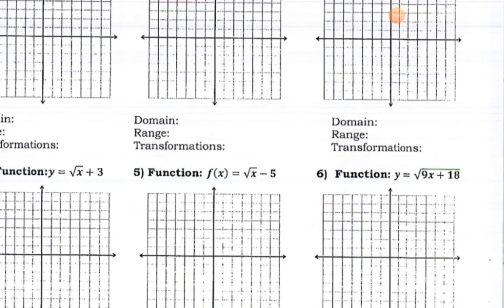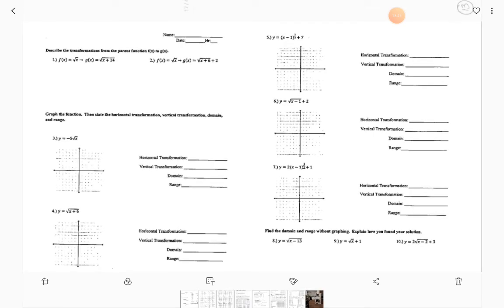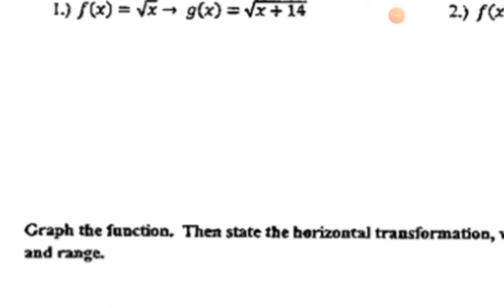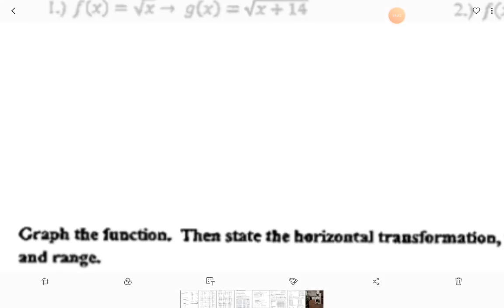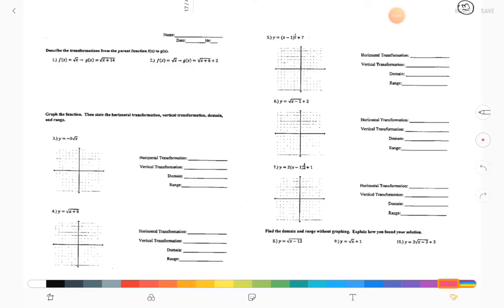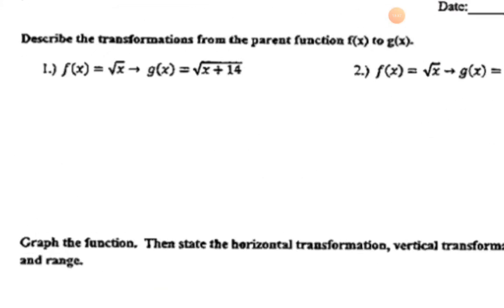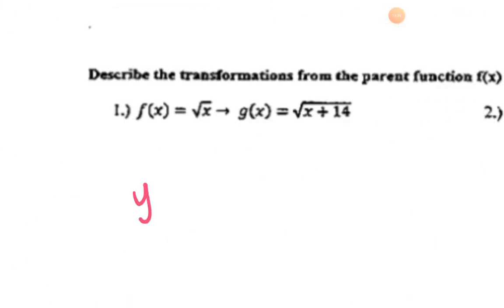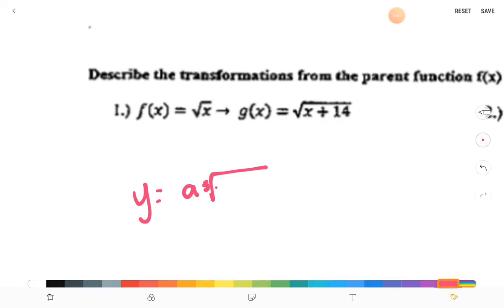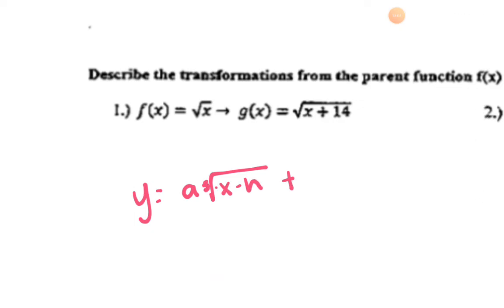Okay, so these go with all functions, every single function. So for example, if I had a cubic function, a cubic function looks like this. A cubic function is y equals a times the cube root of x minus h, plus k.